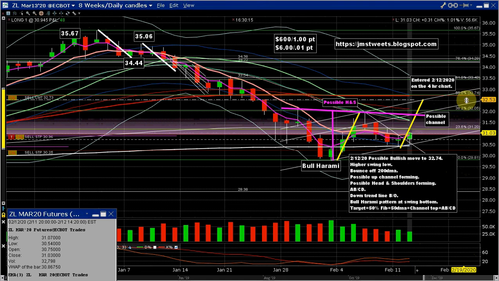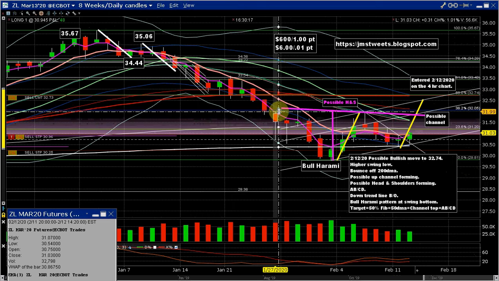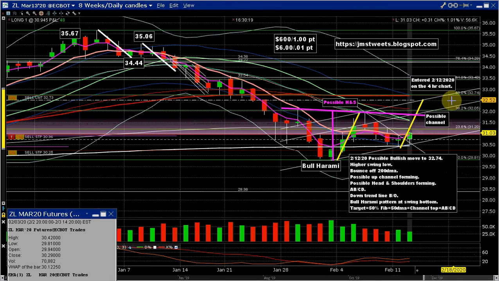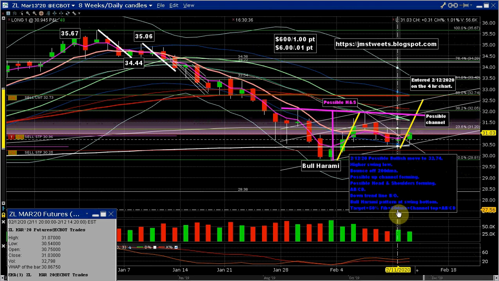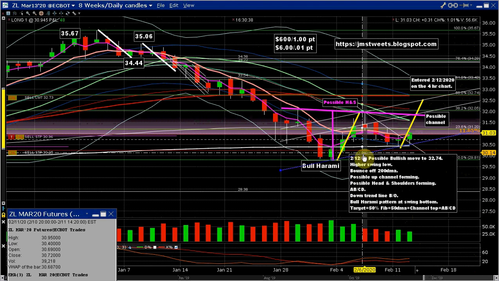Sometimes it only gets to the 38.2 if this was a very strong downtrend, and sometimes it gets to the 61.8. But the most common level I see price retrace to is the 50% level. So I would pick that target anyway, even if there wasn't anything else coincident with it. But where do you see this? The next thing is the 50-day moving average.